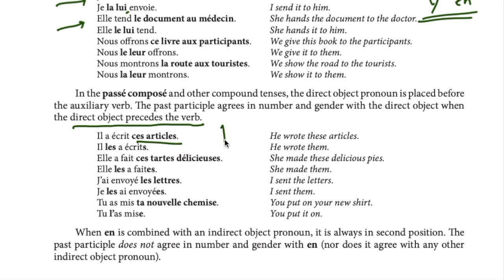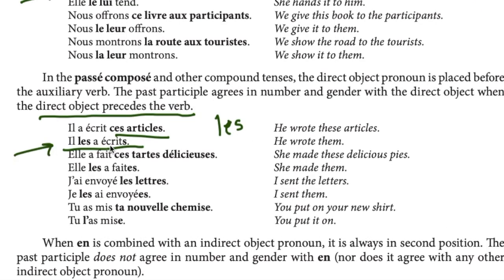I think it will be les because it's plural, right? Now put les before avoir. Il les a écrits. But now, because we have a direct object pronoun before avoir in passé composé, we will match the past participle with the number and gender of the direct object pronoun. So we have to add an extra s because this is masculine plural, les articles.